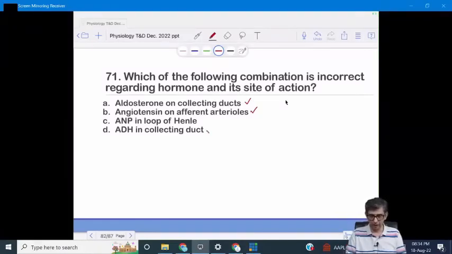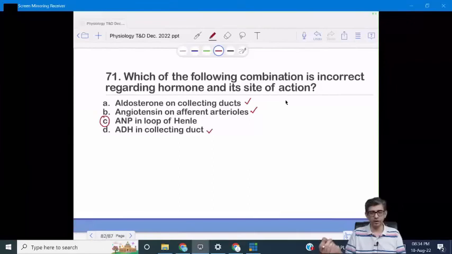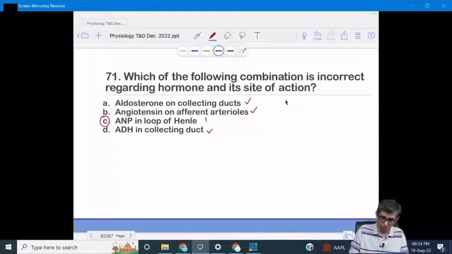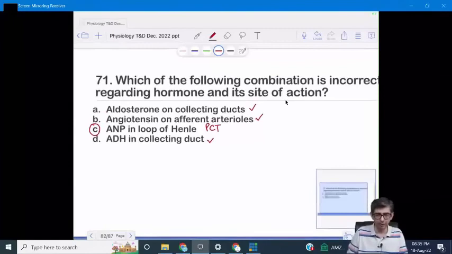ADH in the collecting duct is also fine, but ANP in loop of Henle. ANP होता है natriuretic factor, so this would be mainly acting in the proximal convoluted tubule. ANP का जो action रहेगा, that would be mainly in the proximal convoluted tubule and not in the loop of Henle. Answer to 71 is option number C.